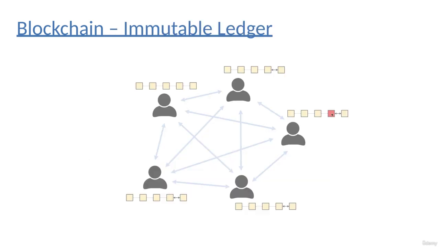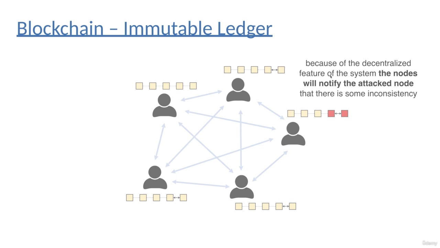Of course, you may guess that the hacker is able to fix this problem if he changes the hash value for the next block in the blockchain. Okay, so if the hash values are changed, then we can come to the conclusion that so far it is working fine. But what's going to happen? Because of the decentralized feature of the system, the nodes will notify the attacked node that there is some inconsistency because the blockchains are not matching.